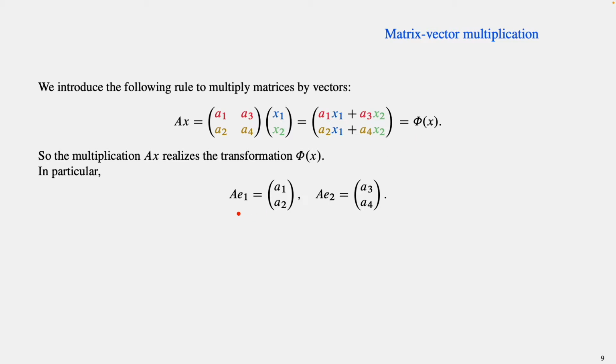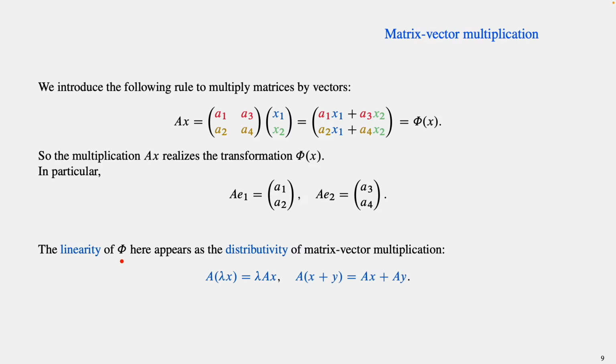Now in particular, we have that if we multiply the matrix A by the first canonical basis vector, we get the first column of A, this one. And if we multiply A by the second canonical basis vector, then we get the second column of A, this one here. And phi is a linear map, and this linearity of phi appears as the distributivity of matrix vector multiplication.